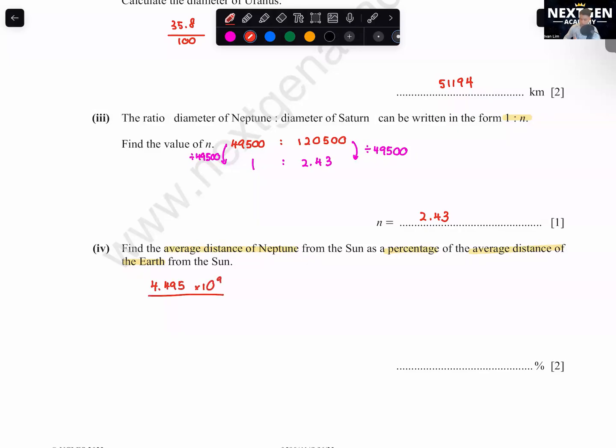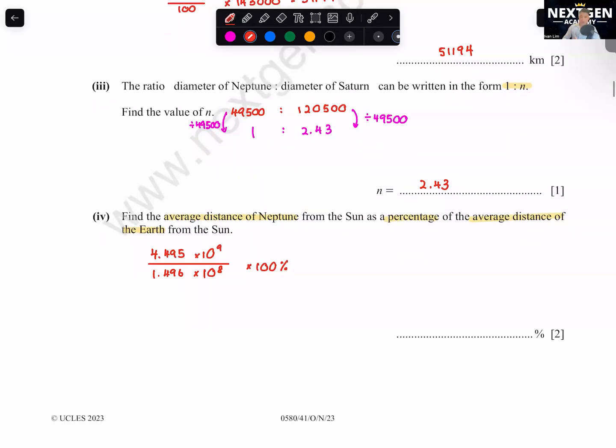Refer to the table above. Then over 1.496 times 10 to the power 8, times 100%. You can just type this whole thing into the calculator, and it can give you the answer.